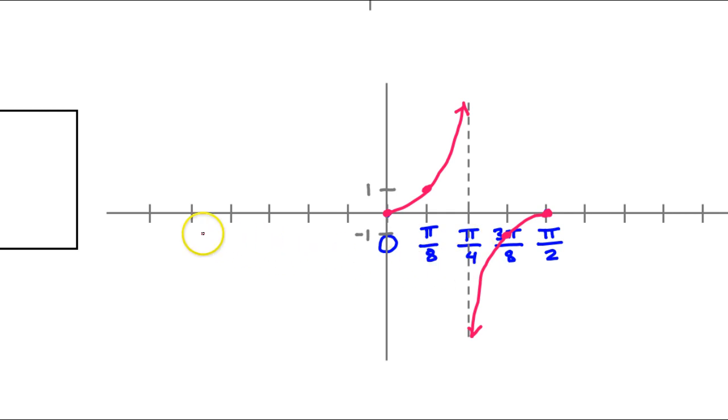Now I'm just going to do the same thing to the left. So to the left, I've got negative pi over 8 and negative pi over 4 and negative 3 pi over 8 and negative pi over 2.